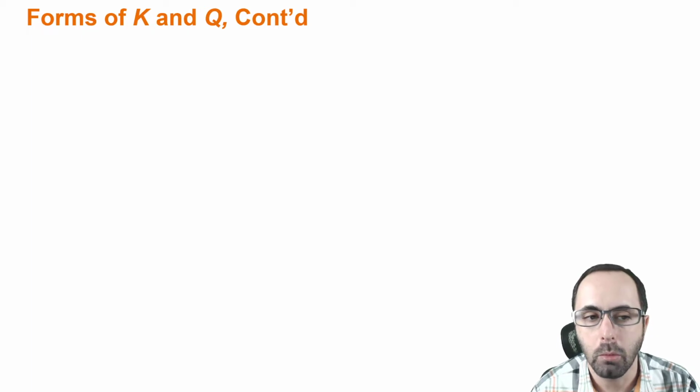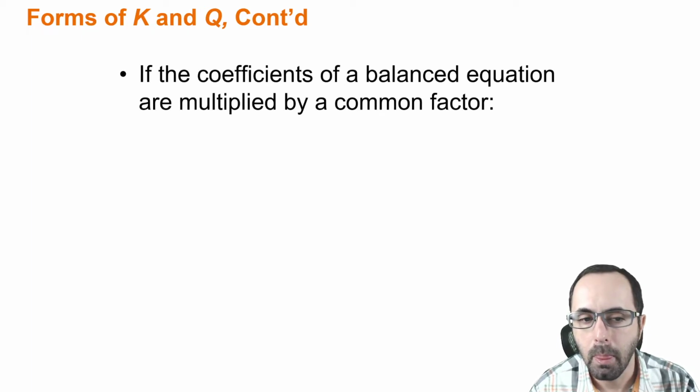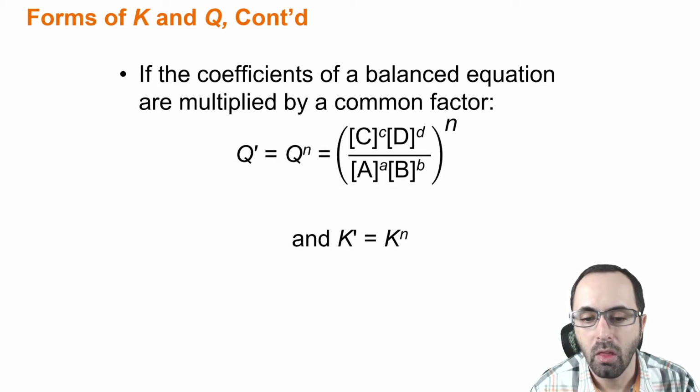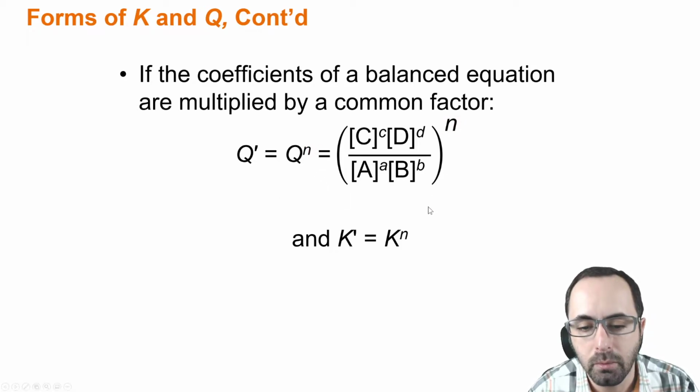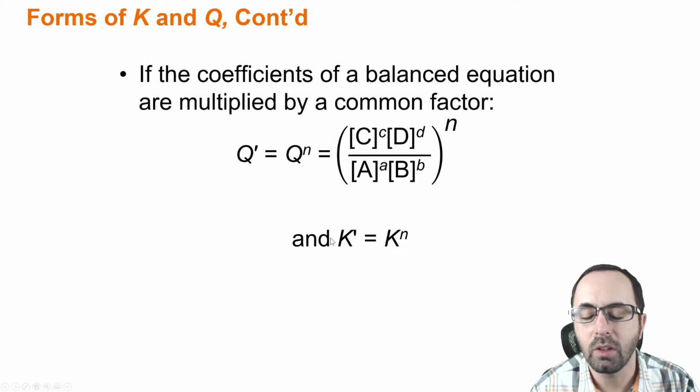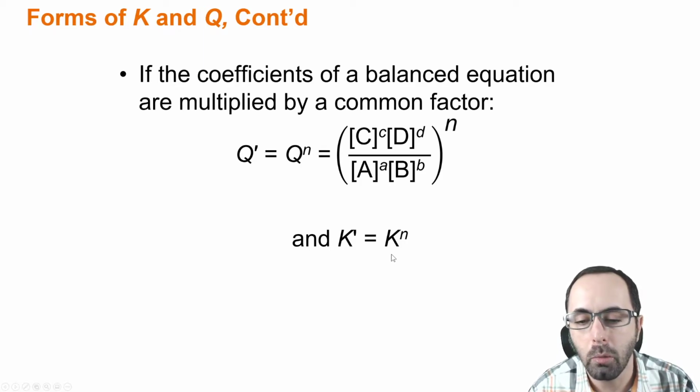Finally, if the coefficients in a balanced equation are multiplied by a common whole number, then the Q for the new reaction is going to be Q to the power of that number. Or for K, the K for the new reaction gotten by multiplying the previous reaction by a whole number would be K to the power of that number.